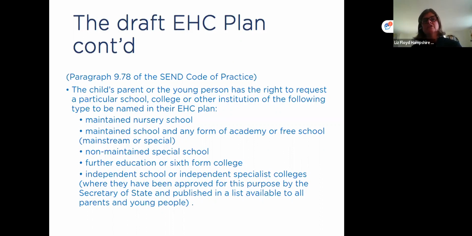Now, one thing to look out for: sometimes people get the draft plan and then they go, oh my God, I've got 2 weeks to look at schools. That's quite a common phone call we get.